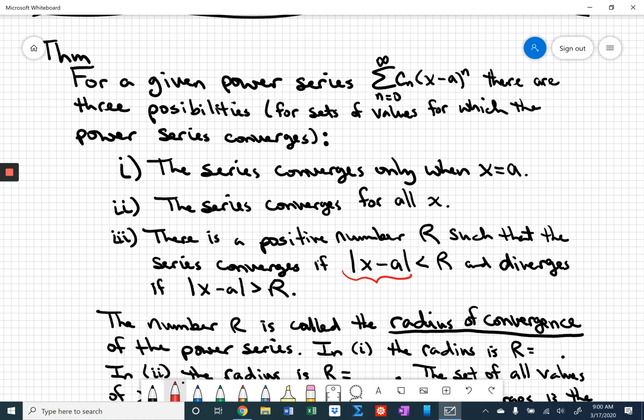So any power series will converge at a, and that's pretty easy to see. If you go back up in here, imagine plugging a into this, a minus a becomes 0. And so, of course, the sum of 0 an infinite number of times is still 0, except for the c sub n, as we talked about last time, a minus a to the 0 power, 0 to the 0, we're going to define to be 1.